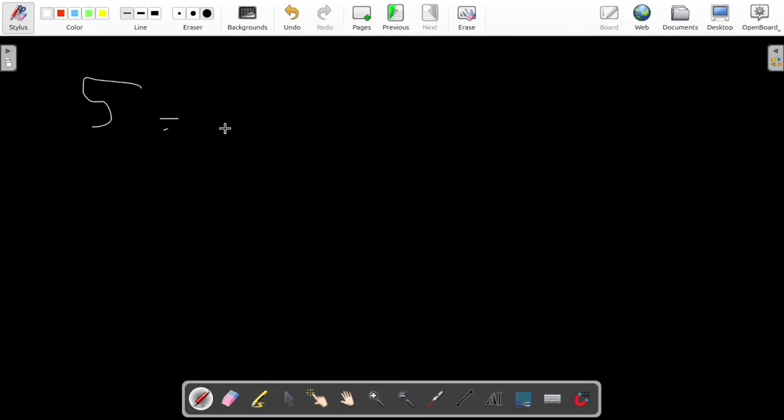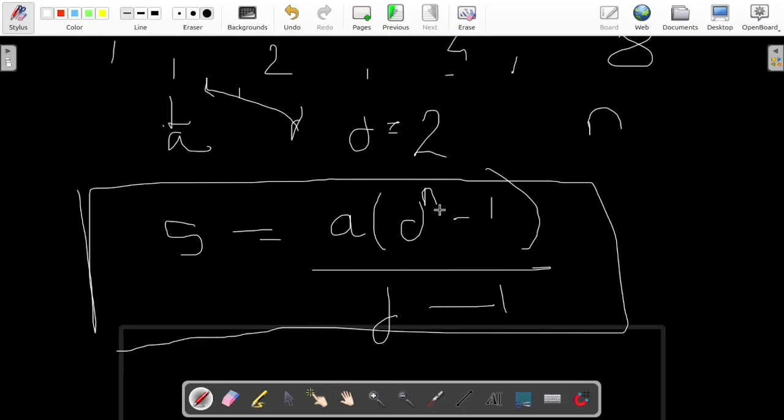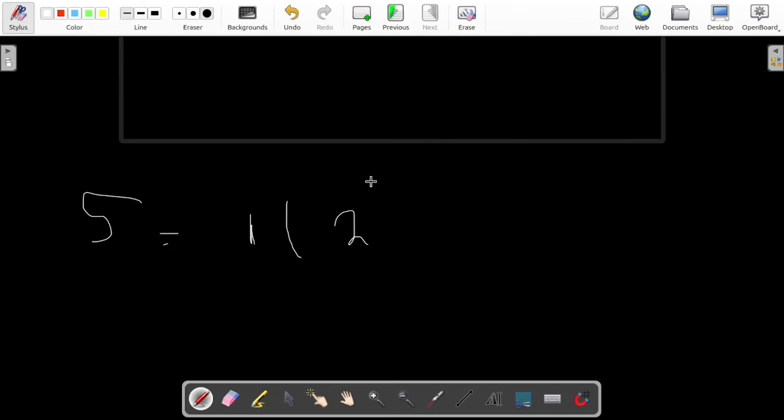S is the total number of nodes. My A is 1 in our current sequence, and d is 2. Now here we don't know n, so the denominator, d minus 1, is 2 minus 1, which is 1.